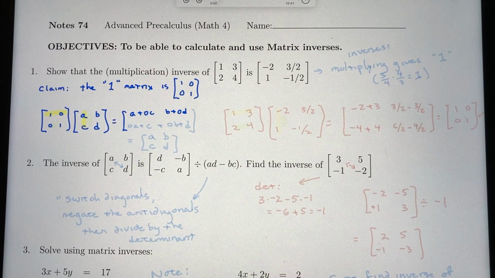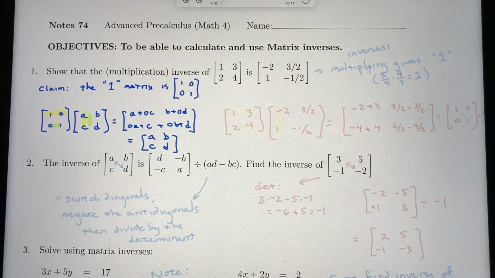And then on the bottom, I would have no A's, but a C, and then no B's plus a D. And that is not doing anything to the original matrix.